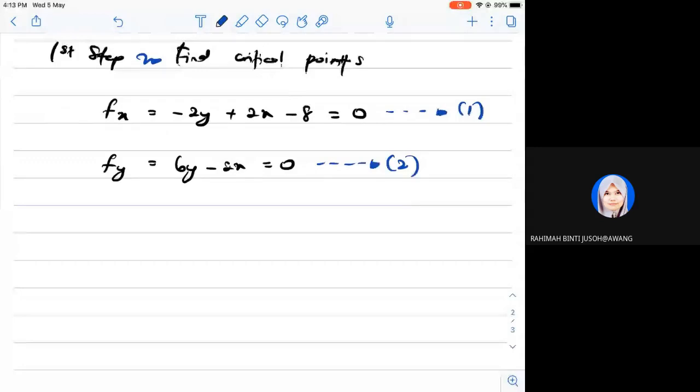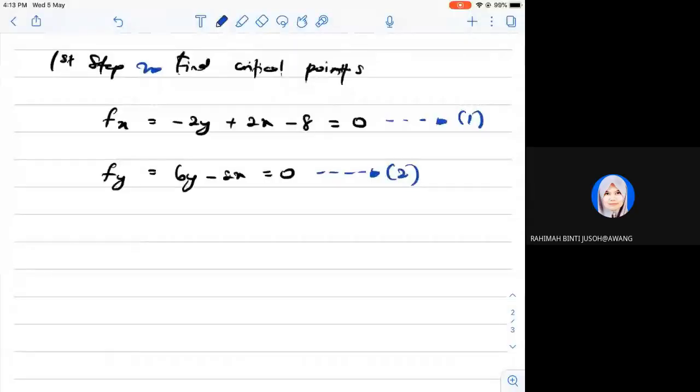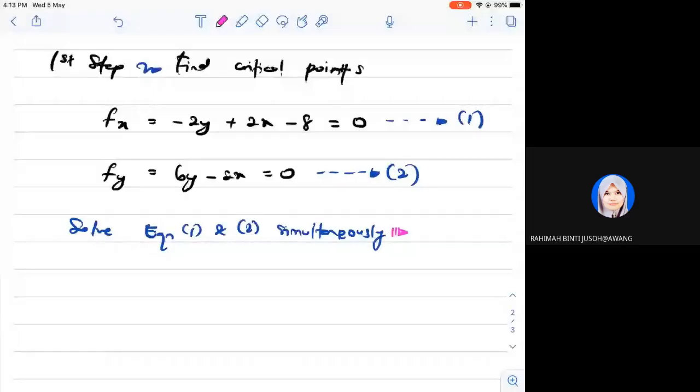Alright. So now solve equations 1 and 2 simultaneously. Logically, you can pick either from 1 or from 2. Let's say to make it easy, I take from 2.